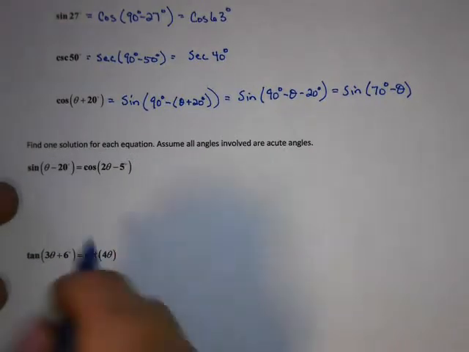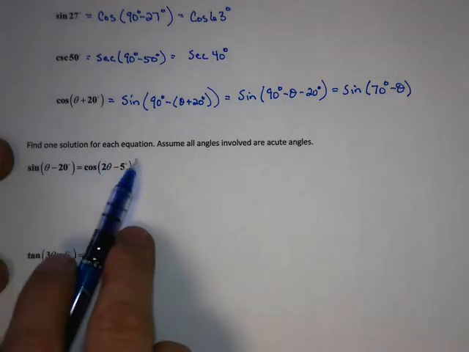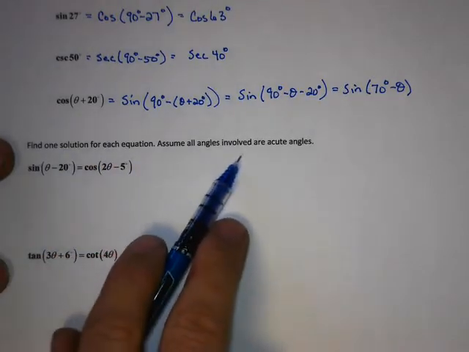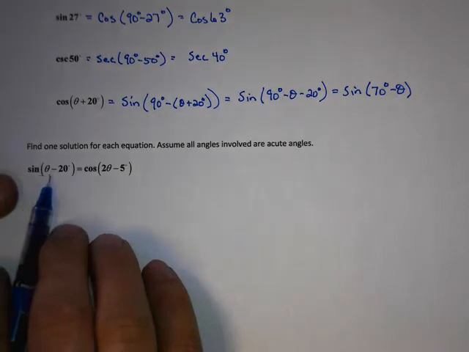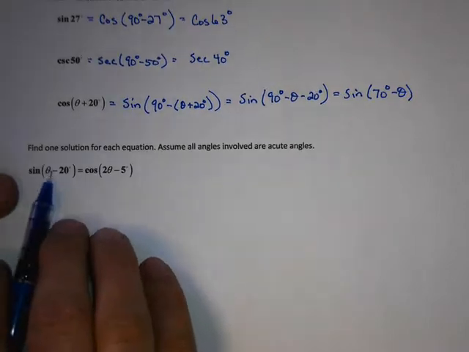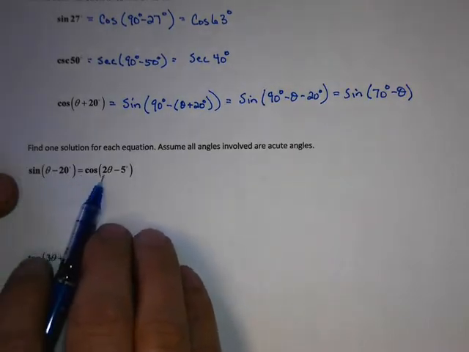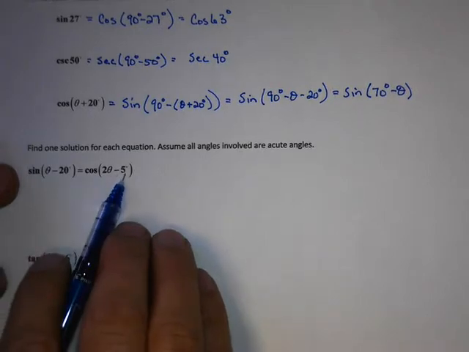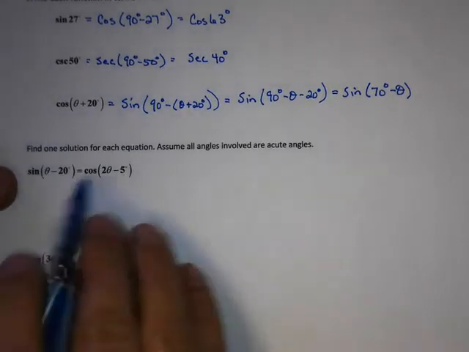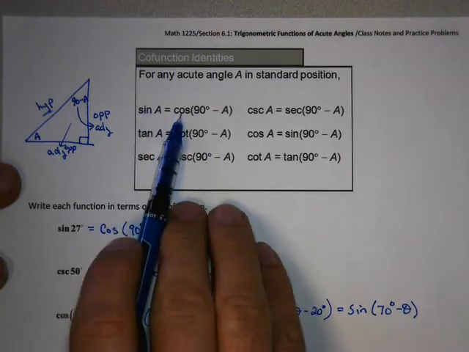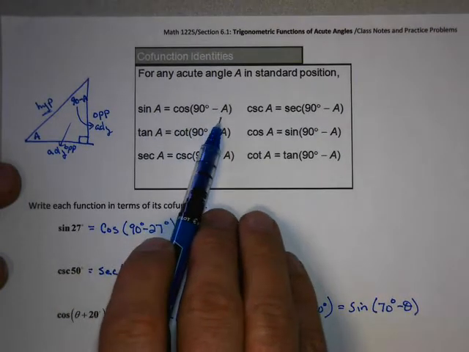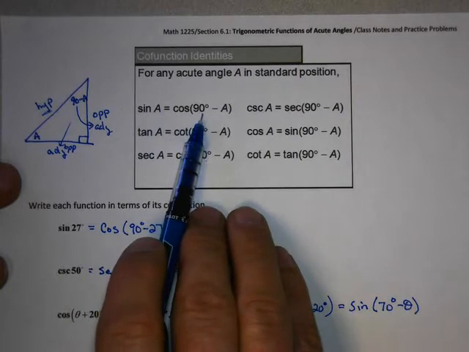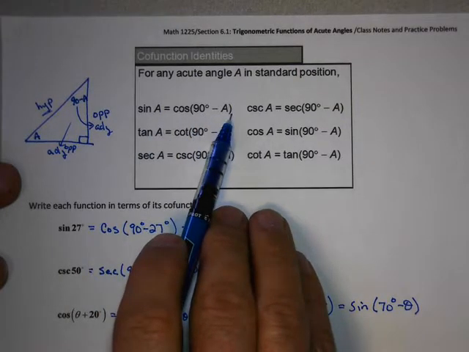Now if we want to find one solution for each, assuming all angles involved are acute, what we're really saying is sine of theta minus 20 degrees equals cosine of 2 theta minus 5 degrees. Because these are cofunctions of one another, sine and cosine, if we add this angle with its cofunction angle, what's a plus 90 degrees minus a?